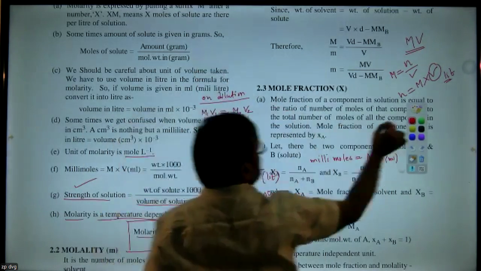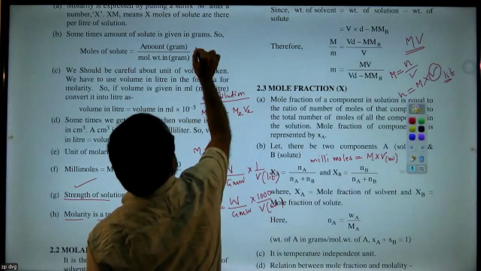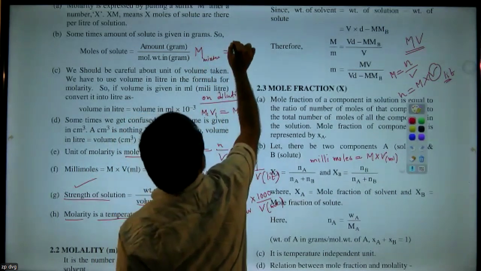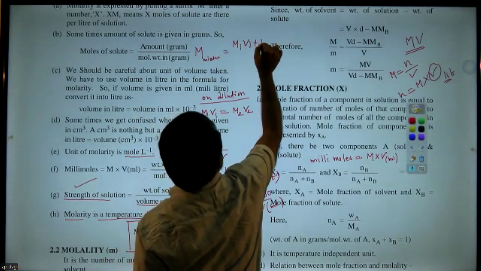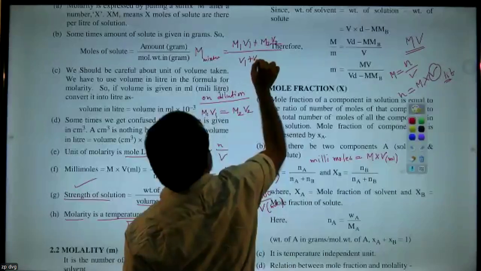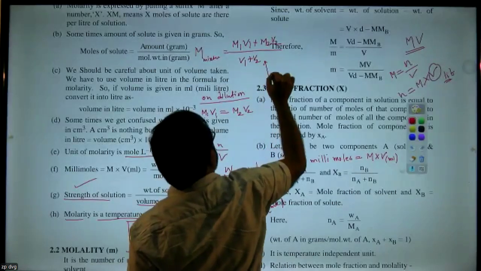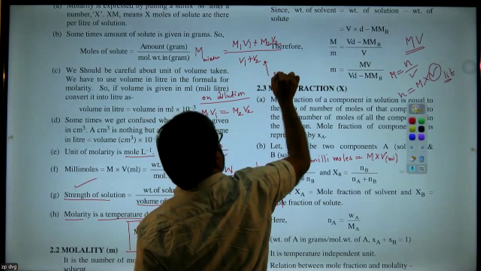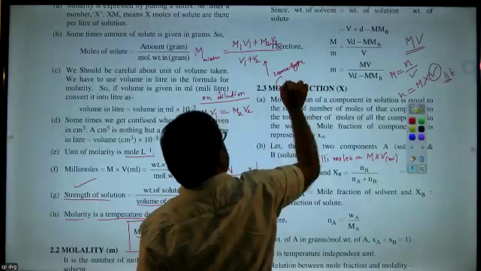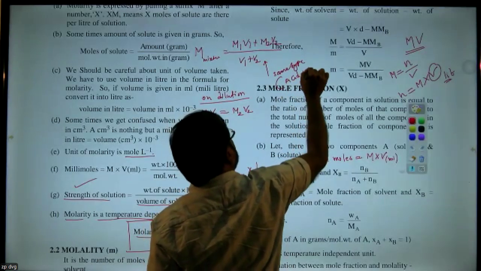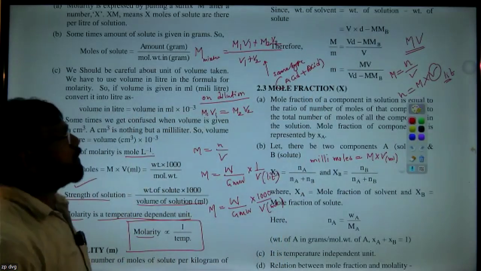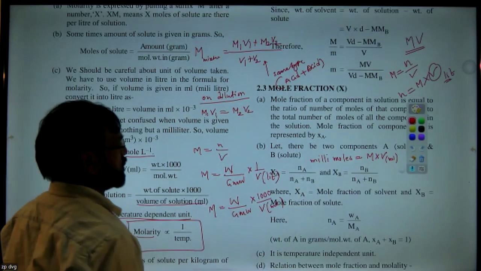Molarity of mixture is equal to M1 V1 plus M2 V2 by V1 plus V2. We can use this formula if the same type of solutes are mixed, for example acid plus acid, not acid and base.